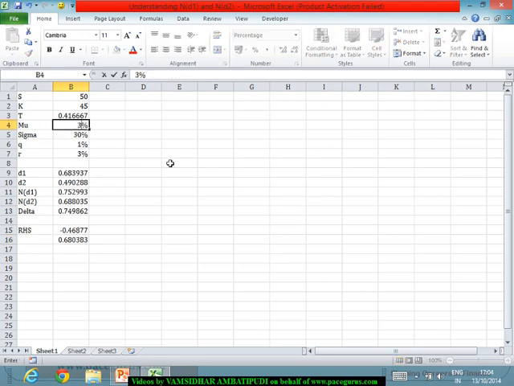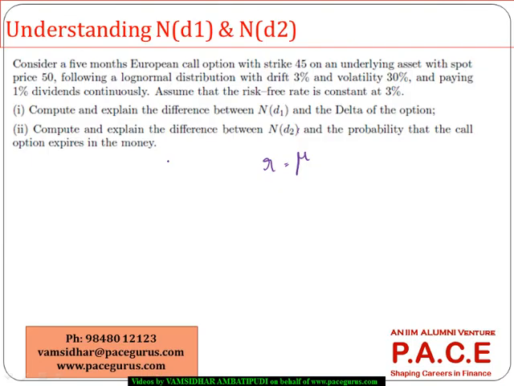Only in the scenario where mu is equal to R, N(d2) as well as the probability that the call option expires in the money are one and the same. So just to summarize, whenever I'm going ahead with the risk neutral probability, the probability that the call option expires in the money goes as N(d2), when I'm looking at mu equal to R.